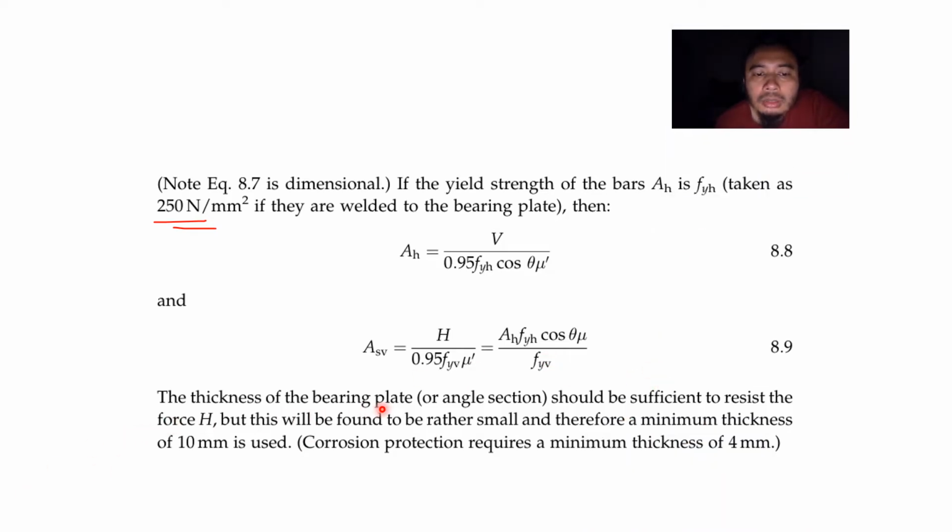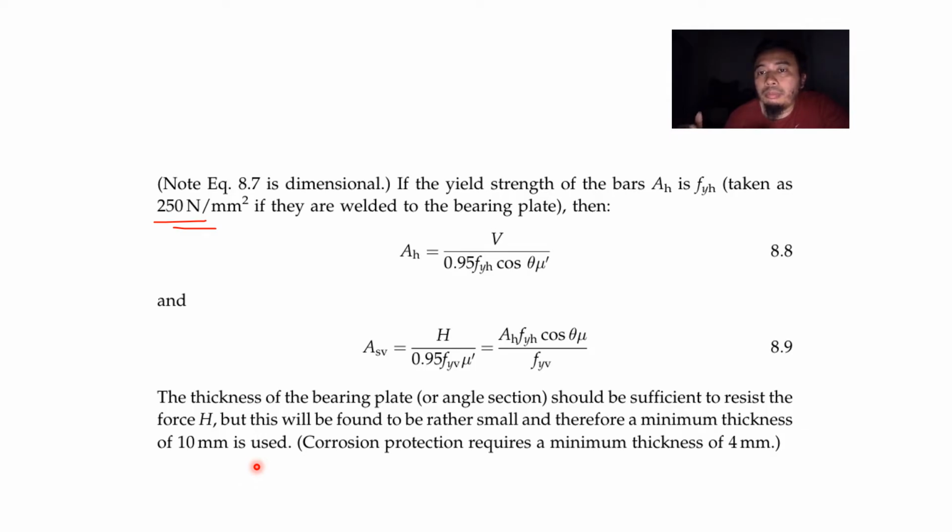The thickness of a bearing plate or angle section should be sufficient to resist force H, but this will be found to be rather small, and therefore a minimum thickness of 10 mm is used. Usually friction is restrained by the plate. If it is a steel plate, the minimum thickness is 10 mm, because if you use rubber, for example, you will see more deformation.